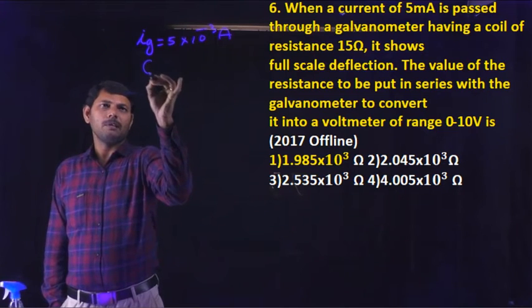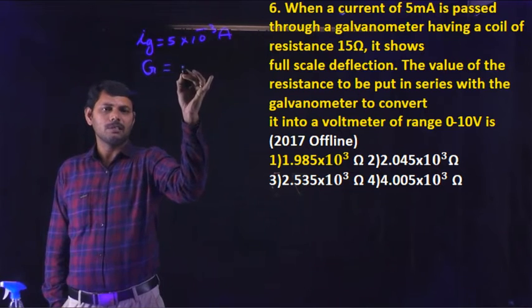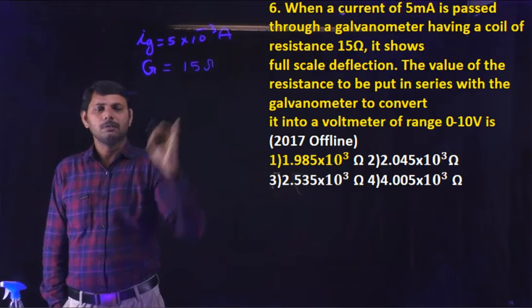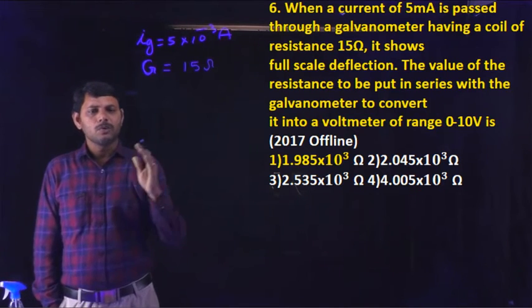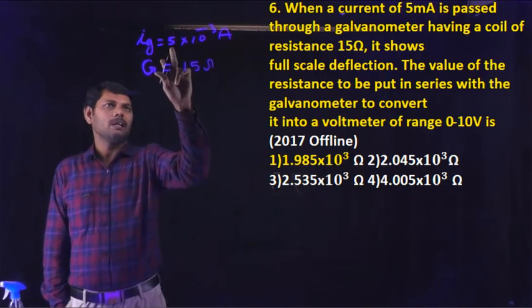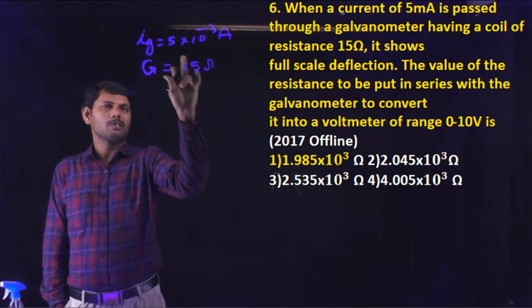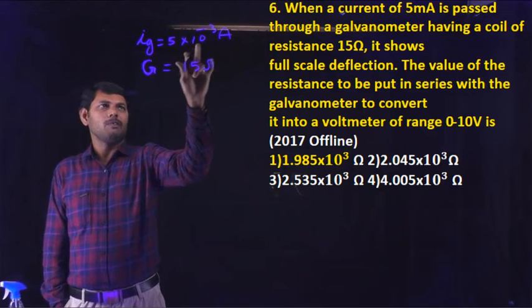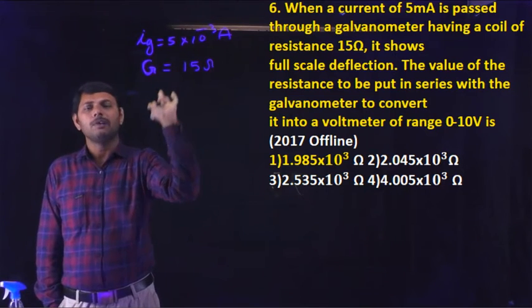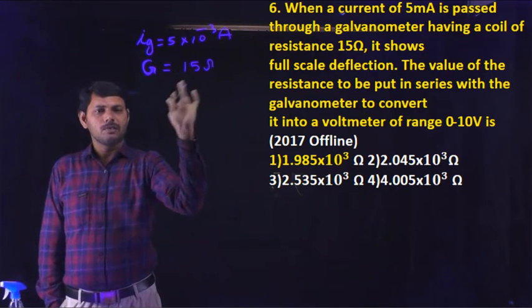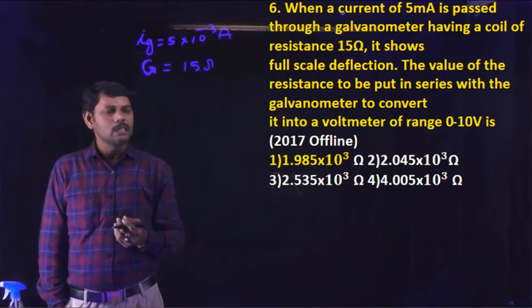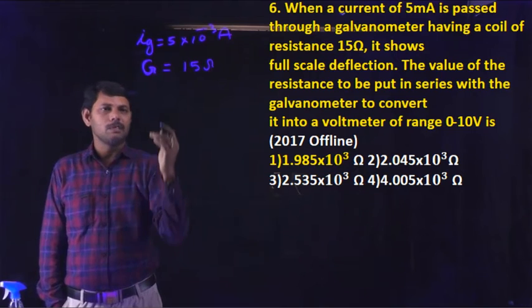Resistance of galvanometer is denoted with the letter G, that is given by 15 ohms. Now it shows full deflection. For this current, the galvanometer shows full deflection, meaning the maximum current passing through the galvanometer is 5 into 10 power minus 3, equal to Ig. And galvanometer resistance is 15 ohm. The value of resistance to be put in series with the galvanometer.